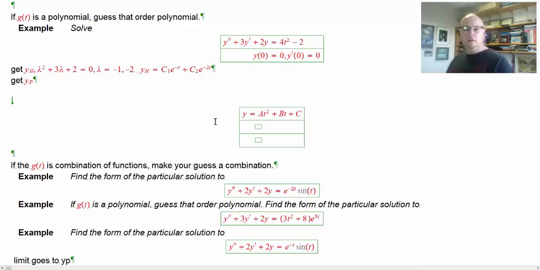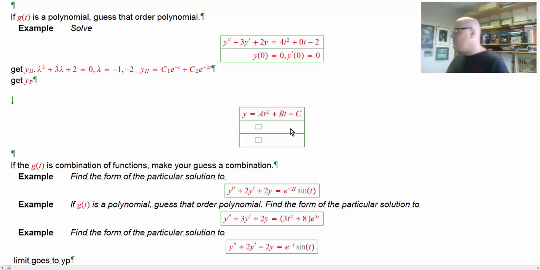So now we need to get our particular solution. Our target function is a parabola, so I'm guessing the most general parabola, at squared plus bt plus c. Notice there's no t term in our target function, so I can think of it as plus 0t if I would like.